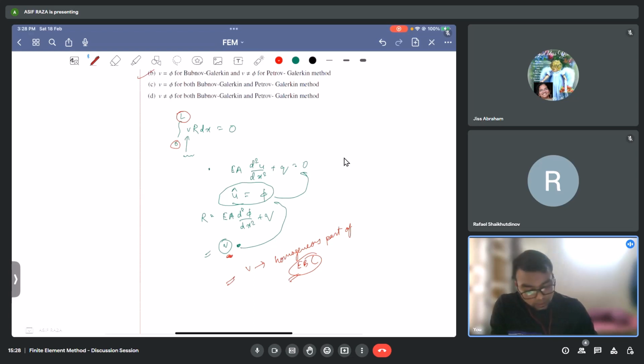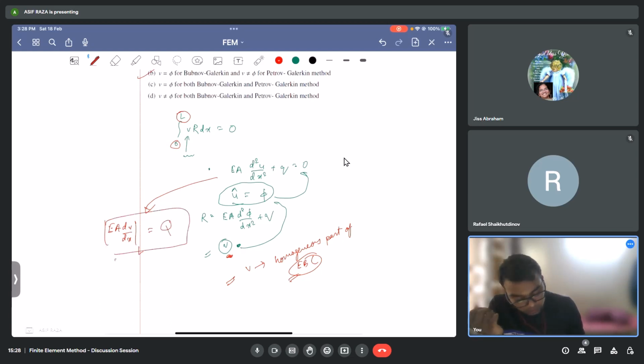For a bar problem, we have somewhere EA du by dx, suppose at x equal to L equal to some value q. That needs to be taken care of by the approximation function itself.